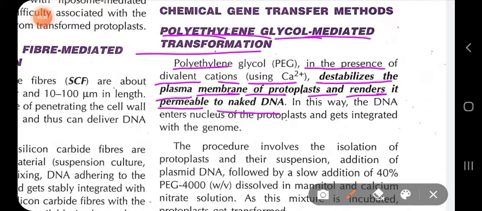So here we use calcium ions, divalent cations, with high pH and polyethylene glycol. Together, these things destabilize the plasma membrane organization of the protoplast and cause pore formation. Pores mean small holes, temporary or transient pores, which allow the DNA to be inserted. In this way, the DNA enters the nucleus of the protoplast and gets integrated within the genome.